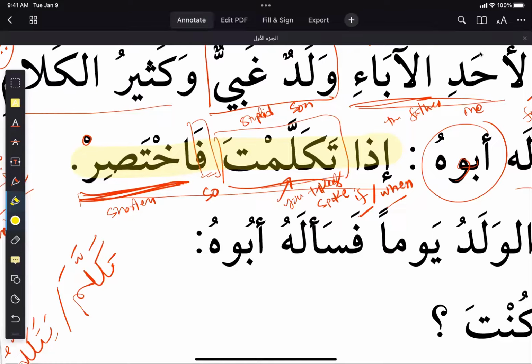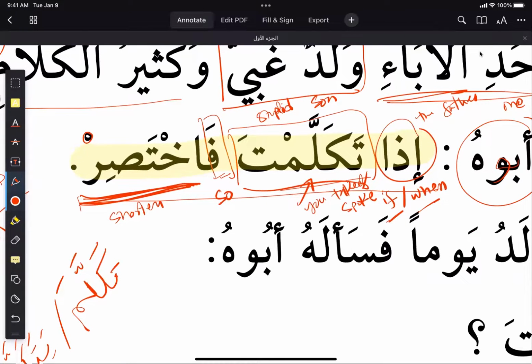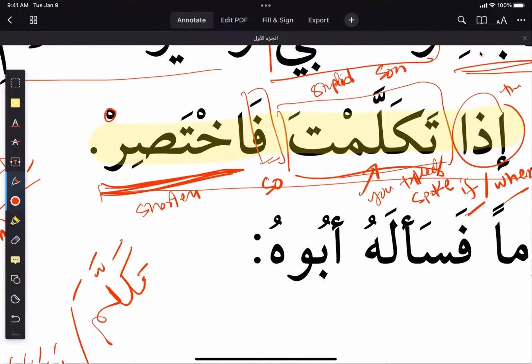So right now, the main thing I want you to know is that idha comes for a conditional statement, and you can translate it as if or when. Then after idha, we get a past tense. I don't even want to mention those rules. And the second thing you have to know: takallama yatakallamu means to speak, and ikhtasara yakhtasiru means to shorten.